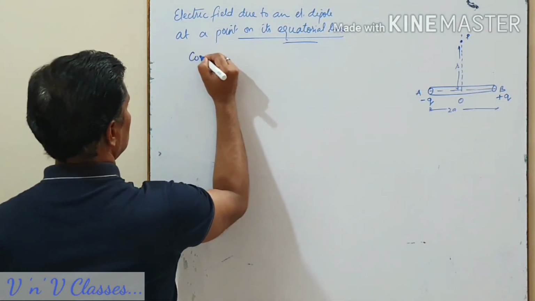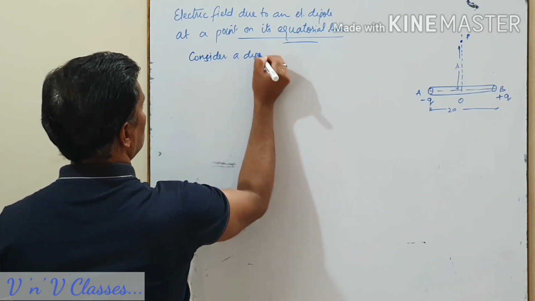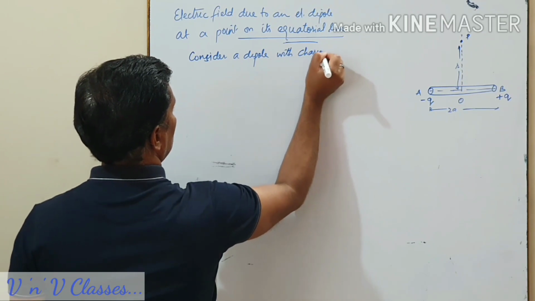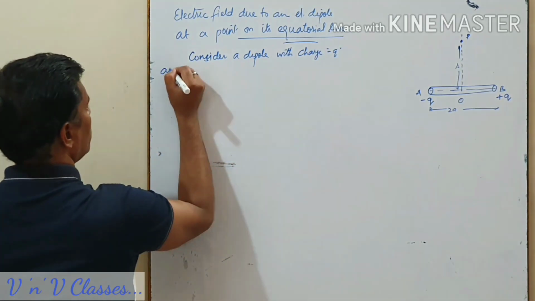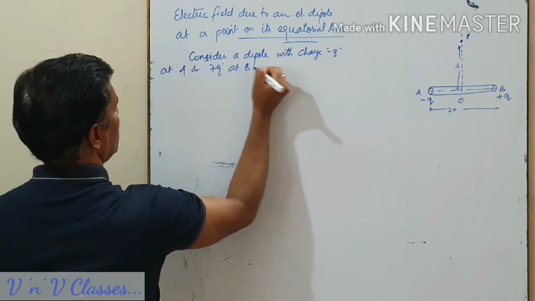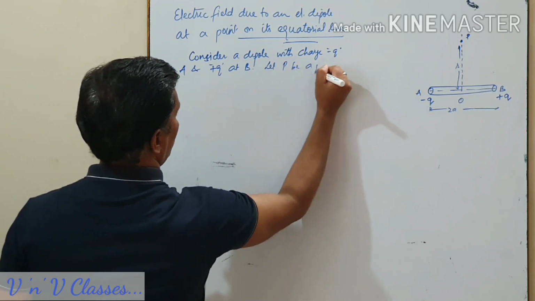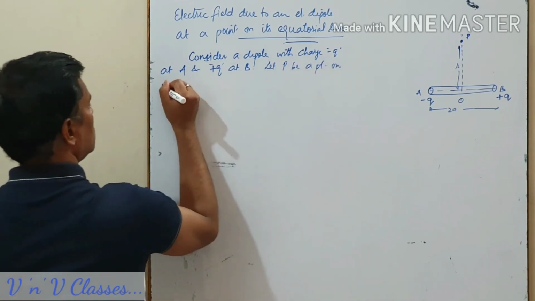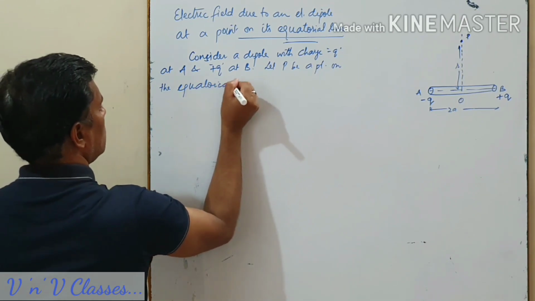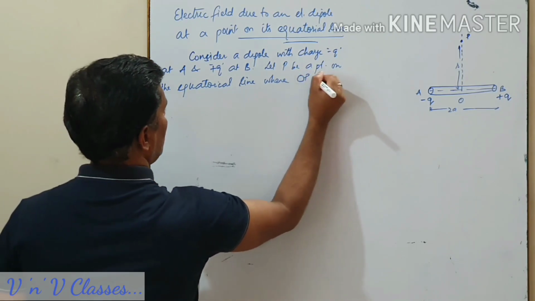So we consider a dipole with charge minus q at A and plus q at B. Let P be a point on the equatorial line where OP equals r.